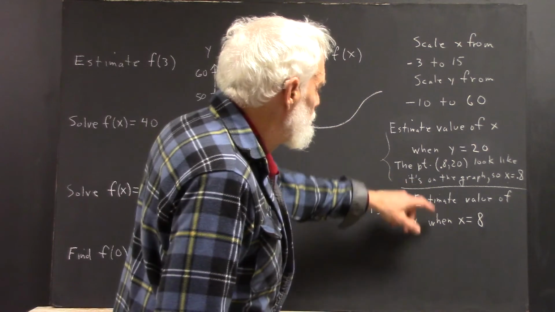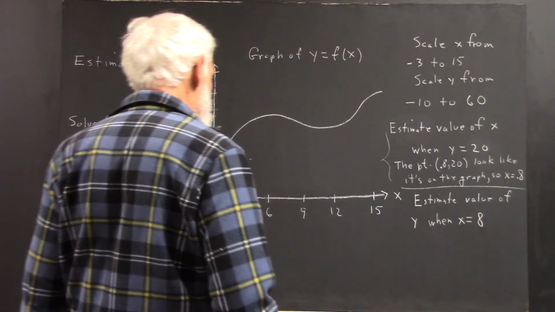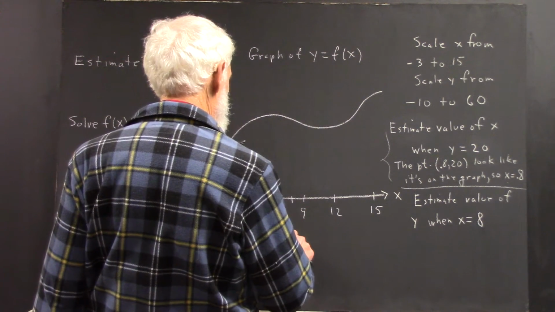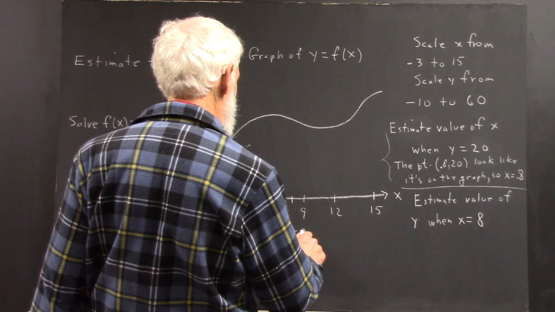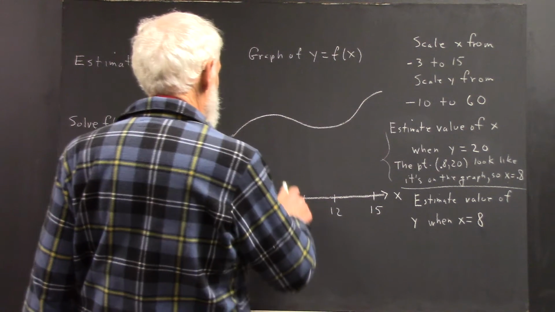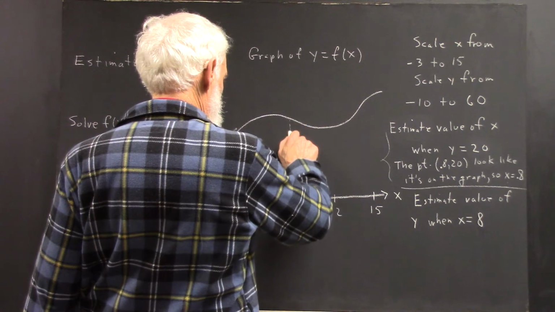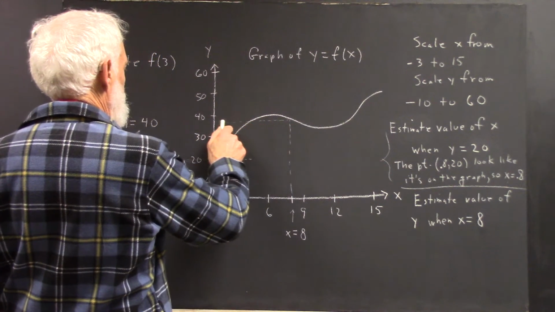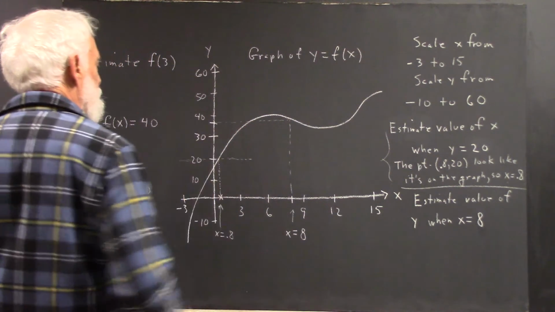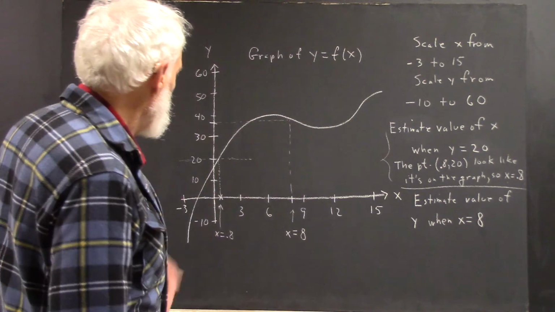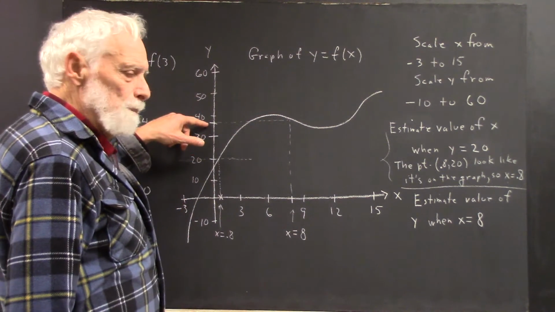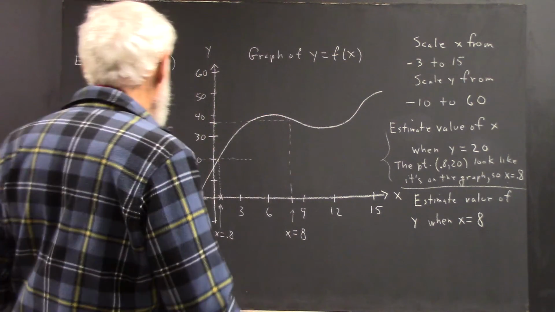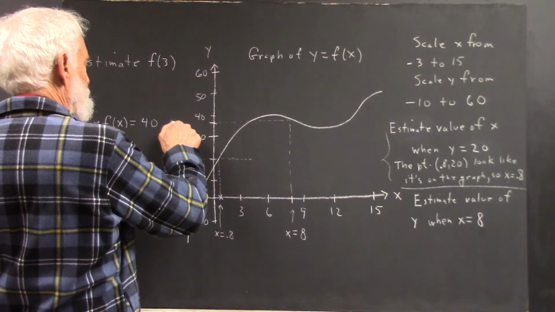Okay, let's estimate the value of y when x equals 8. Well, first of all, we want to find x equals 8 here. And we can come up to the graph. We can come over here. And that line kind of declined a little bit, so I'm not going to get a great estimate. Probably 36 or 37. The line kind of decreased a little bit, so I'm going to estimate maybe 37.